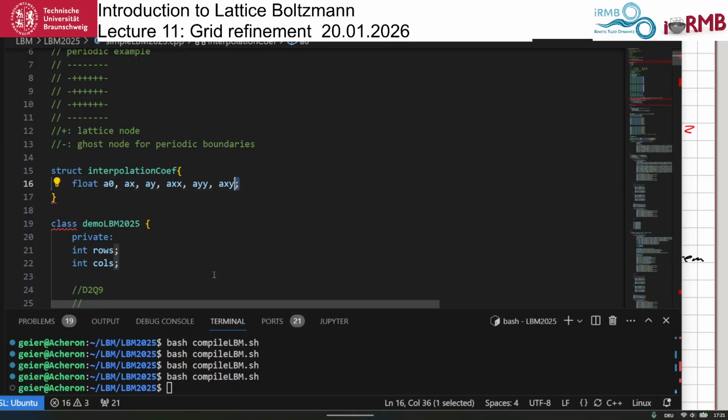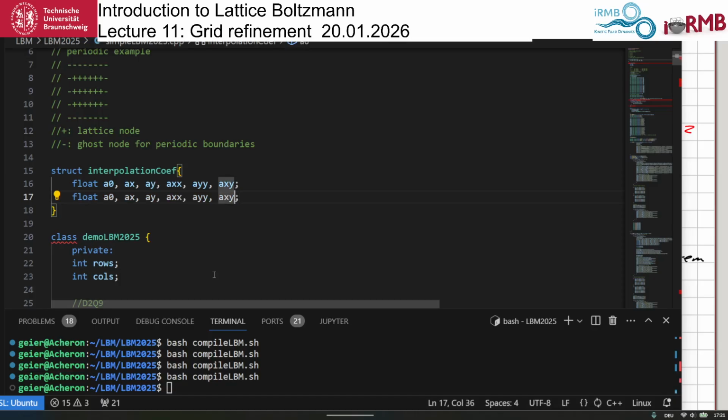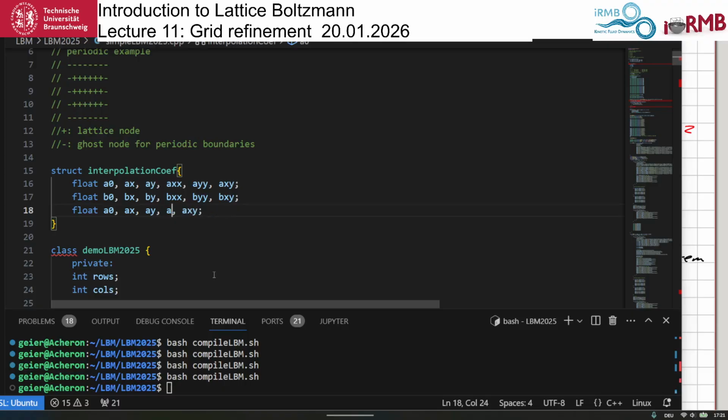Okay? Same for B. I should initialize them with 0, but we have to simplify stuff for today. So for the pressure, we have one for the pressure, and there we only have linear terms.